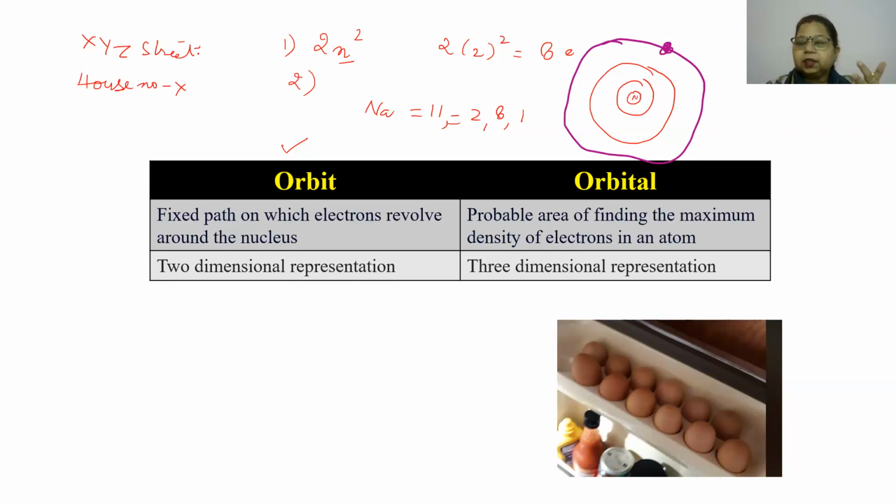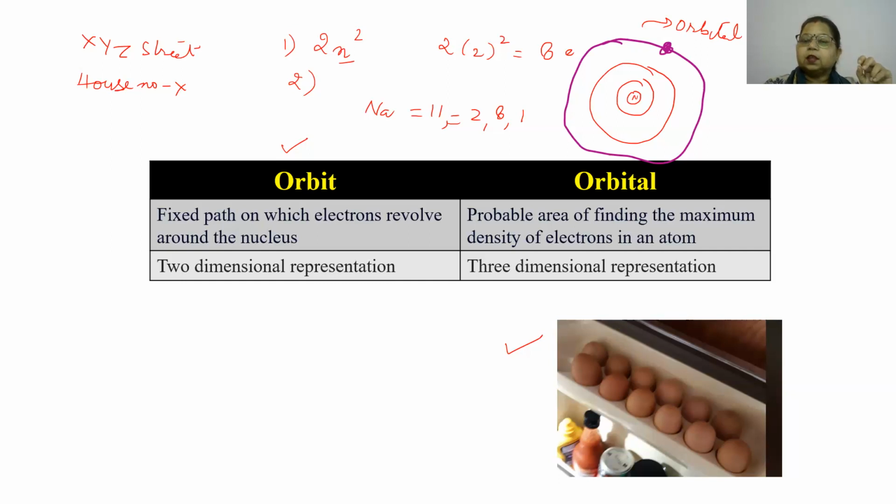Similarly, therefore, what the scientists did, instead of searching for the entire area of this orbit, they divided each orbit into smaller parts, which are known as orbitals. Now, think of an egg rack, which you must have seen at your home or school, that has 12, 16 or 20 spaces to fit in eggs.